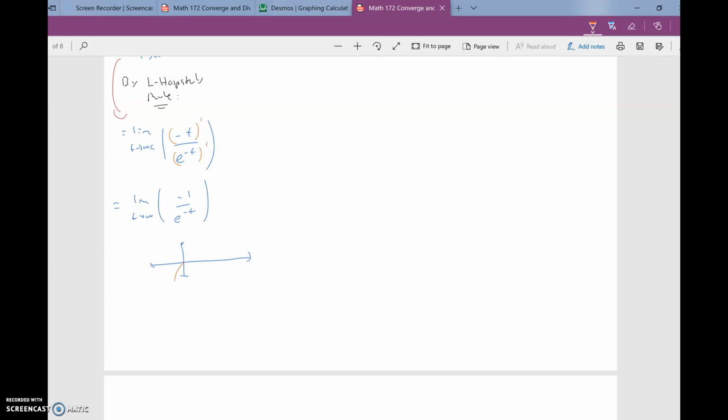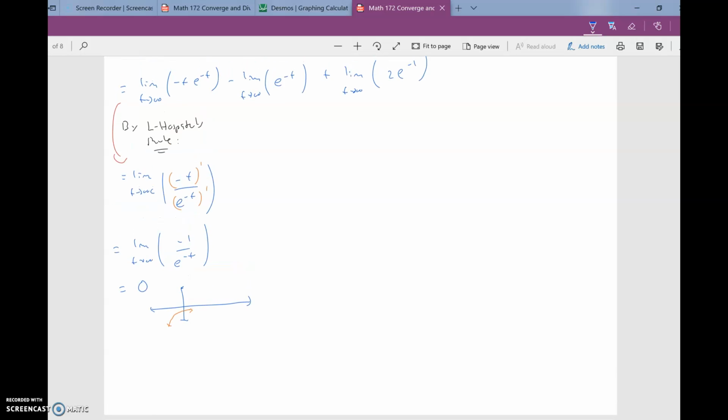Yeah, it's actually coming from this direction. So whoops, it's getting in this direction. So this one, it's going to be 0 as the infinity. So this is going to be 0.